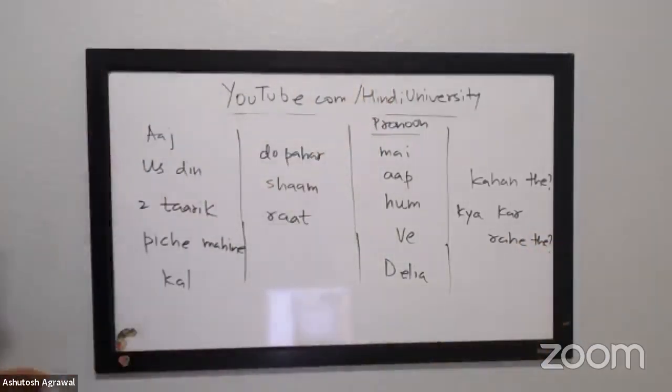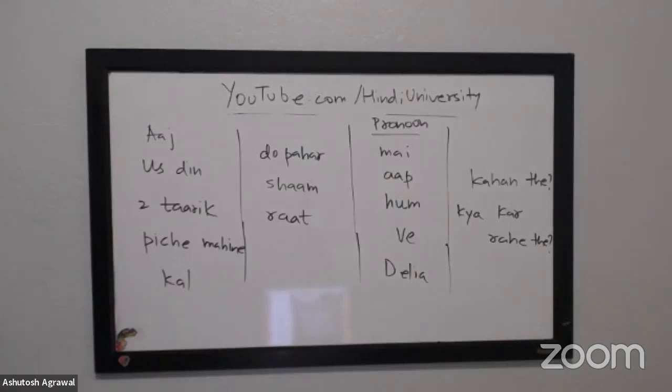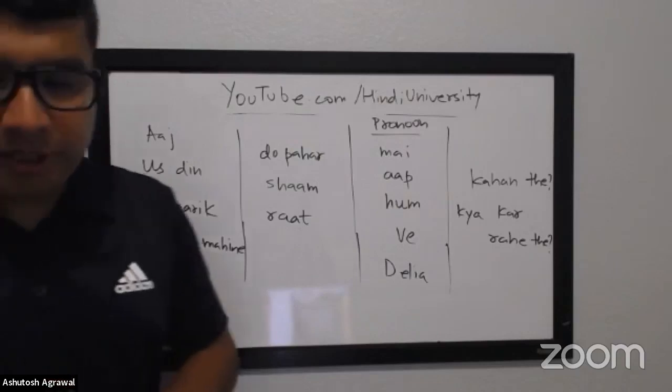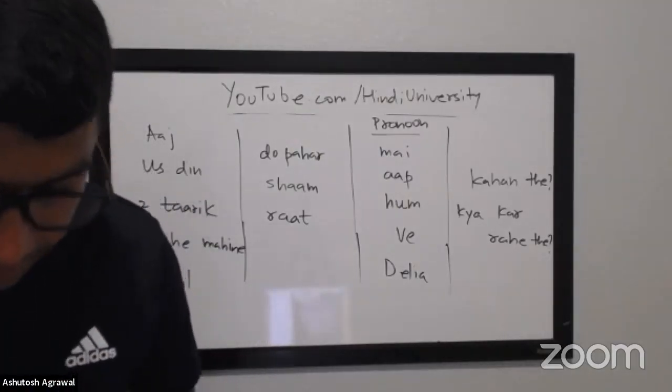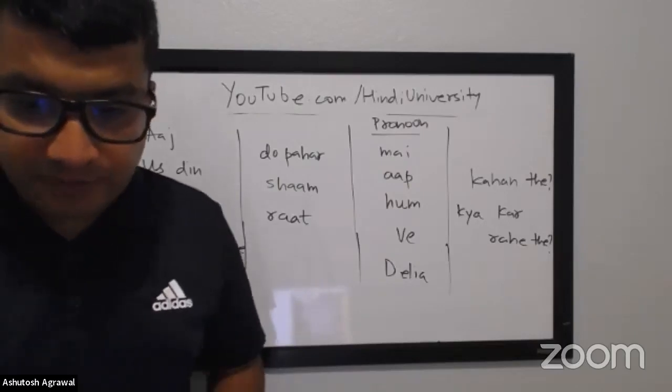What were you doing that afternoon? And you can say उस दिन दोपहर को और शाम को मैं practice कर रहा था. So the idea here is one of you will ask a question and you can really ask anyone, and then they have to respond in the similar format.